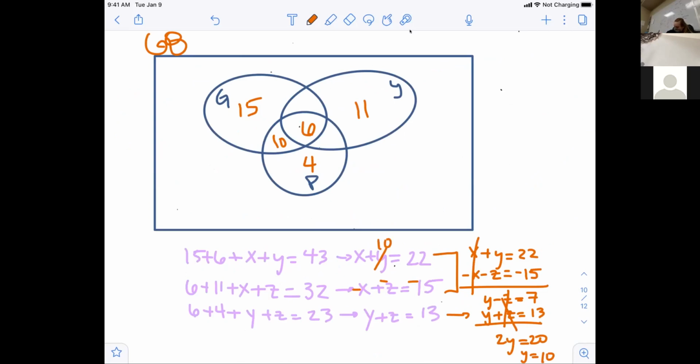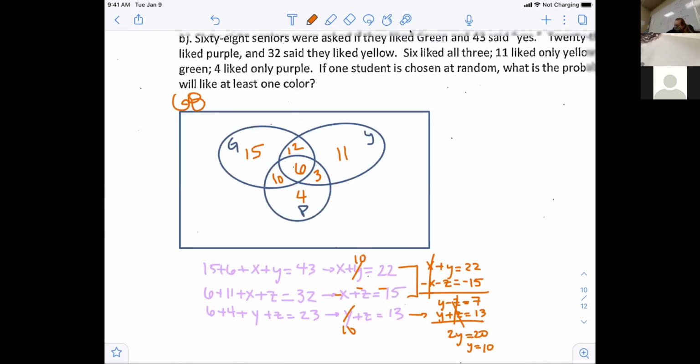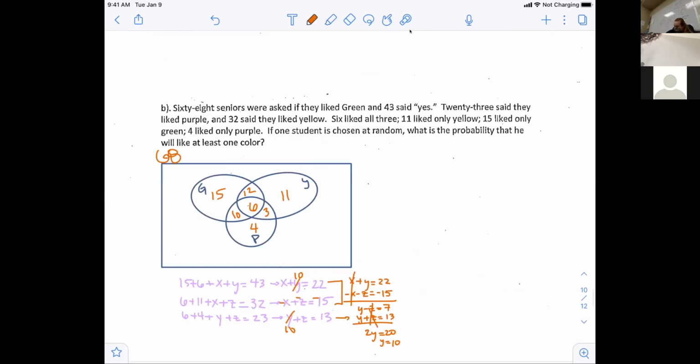So x is 12. So between green and yellow, I get 12. And then if y is 10, 10 plus z equals 13. So z is 3. So in between yellow and purple is 3.